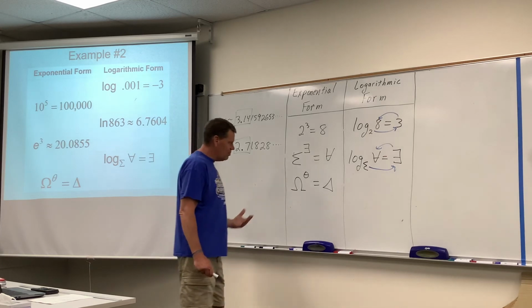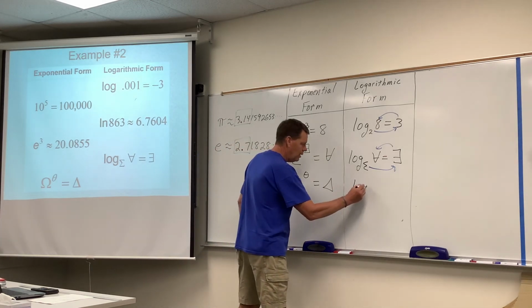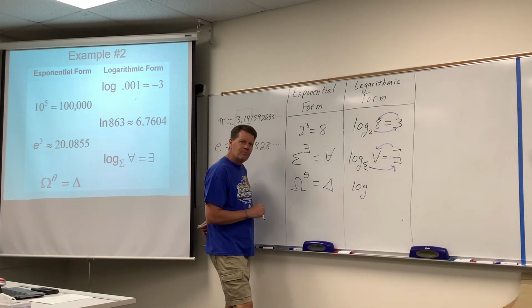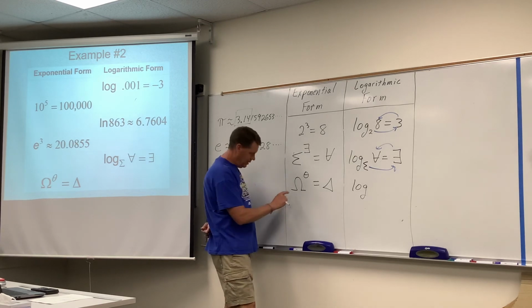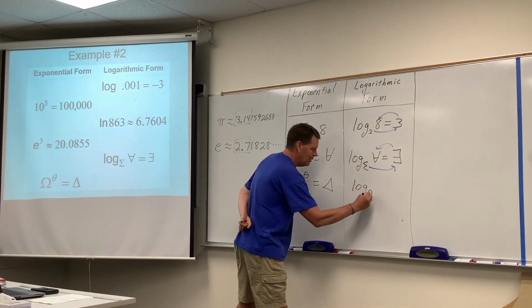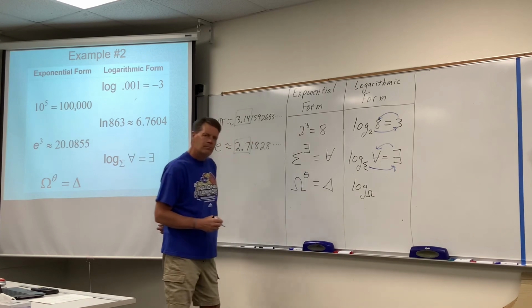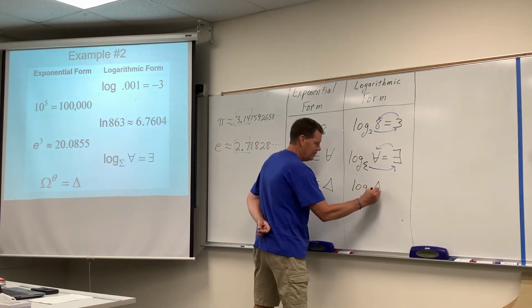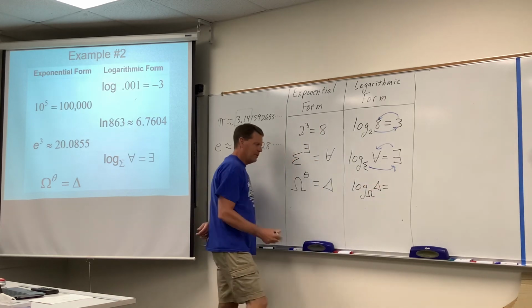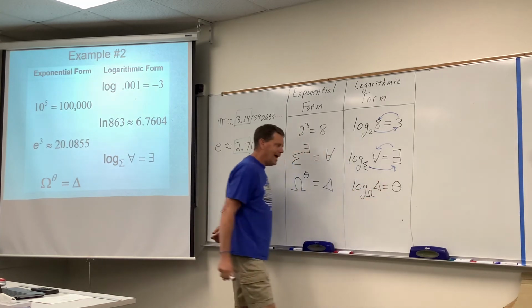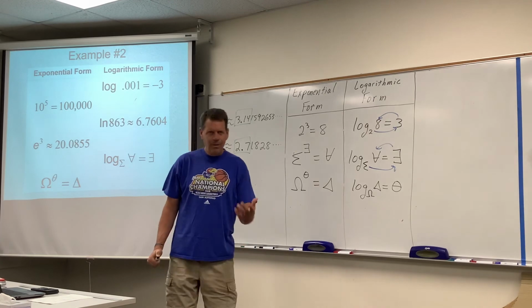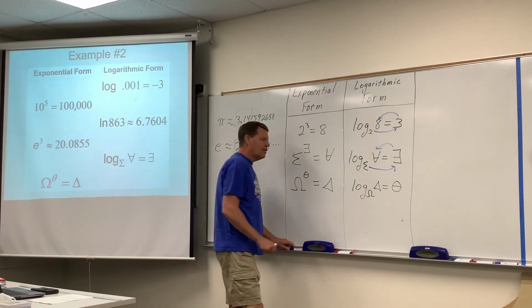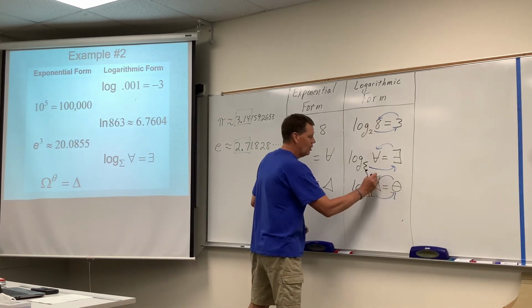The point is the pattern would be log, base horseshoe, yep, it's omega, of triangle, yep, delta, equals that circle with a line in it, yeah, theta. You don't have to know the names of these in order to know where to put them.